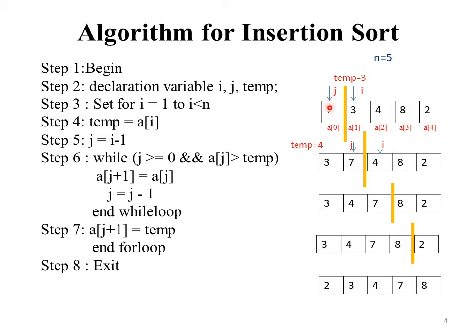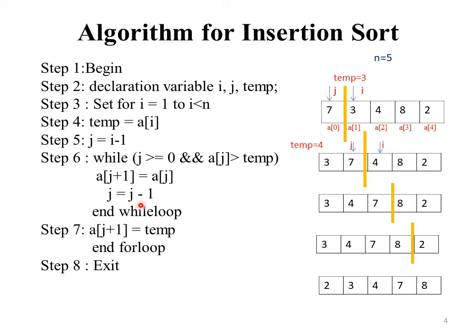So the value 7 is transferred to a of 1, means 7 is transferred to the first index. Now the 0th index is empty. The next statement is j is equal to j minus 1, means j is decremented by 1. The value of j is 0, so 0 minus 1 is minus 1. So the value of j is minus 1.